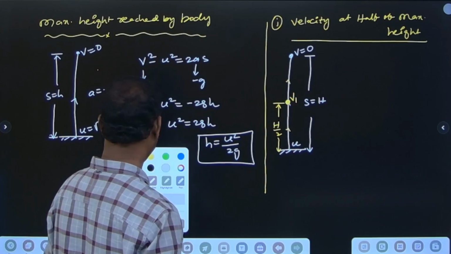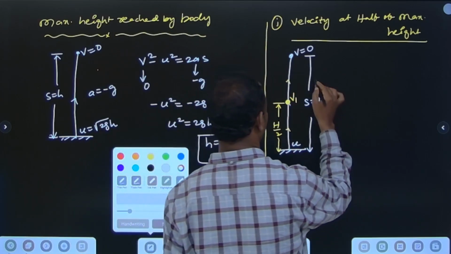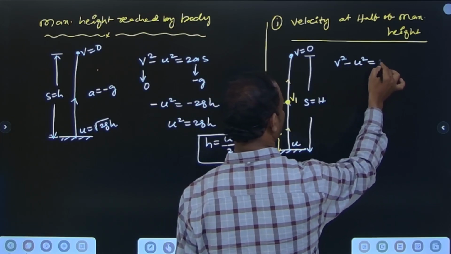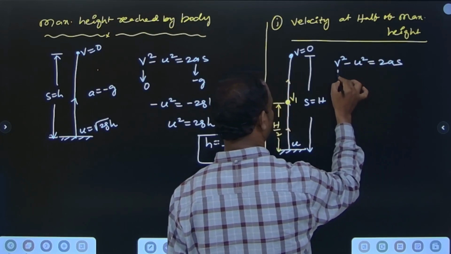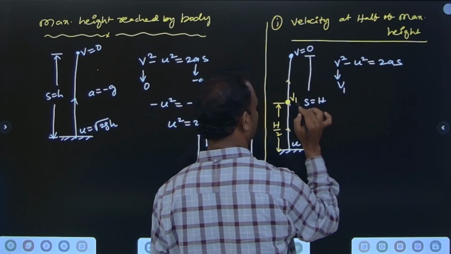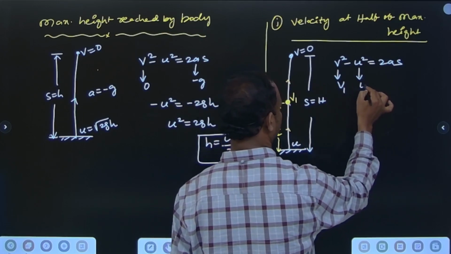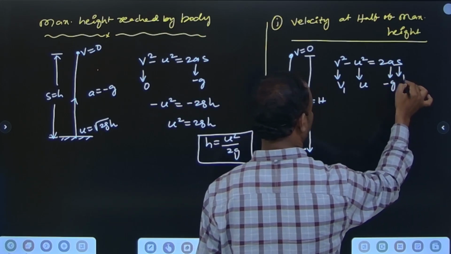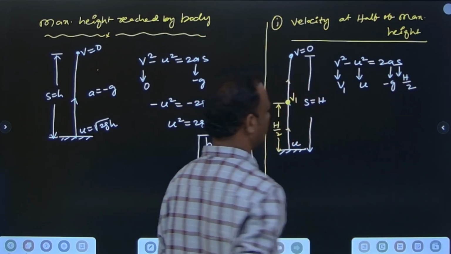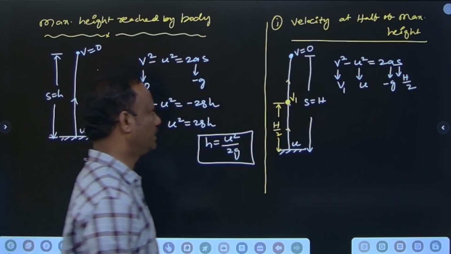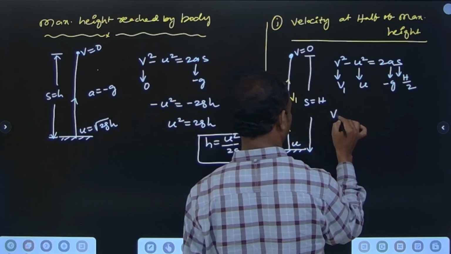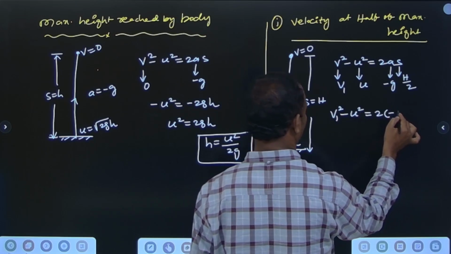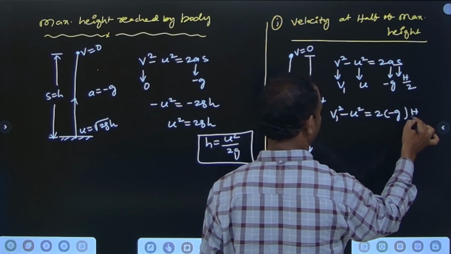From the equation v square minus u square equals 2as, v is v1, u is u, a is minus g, and s is h by 2. So v1 square minus u square equals 2 times minus g times h by 2.